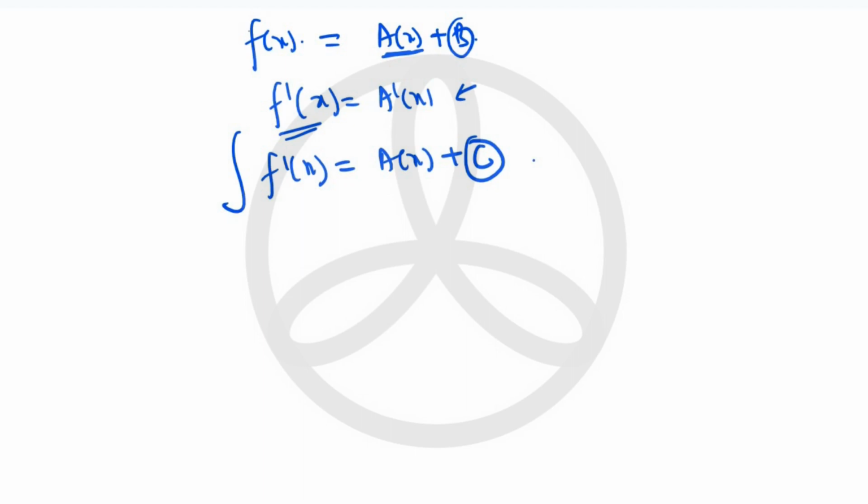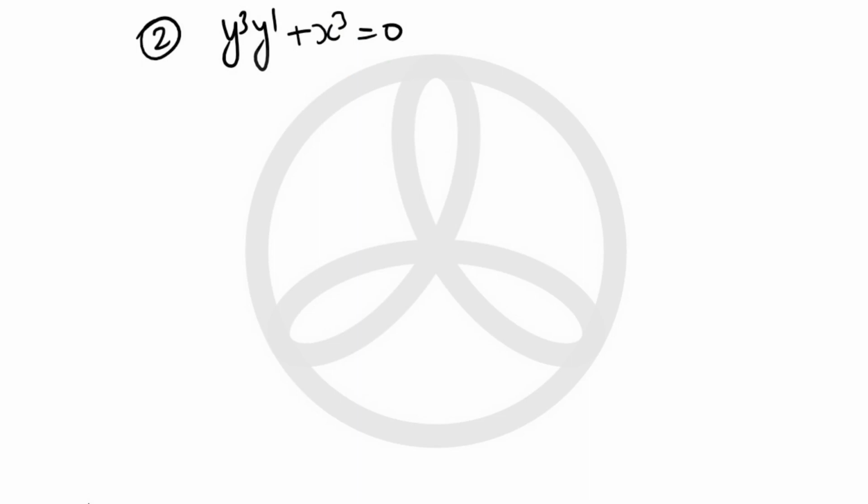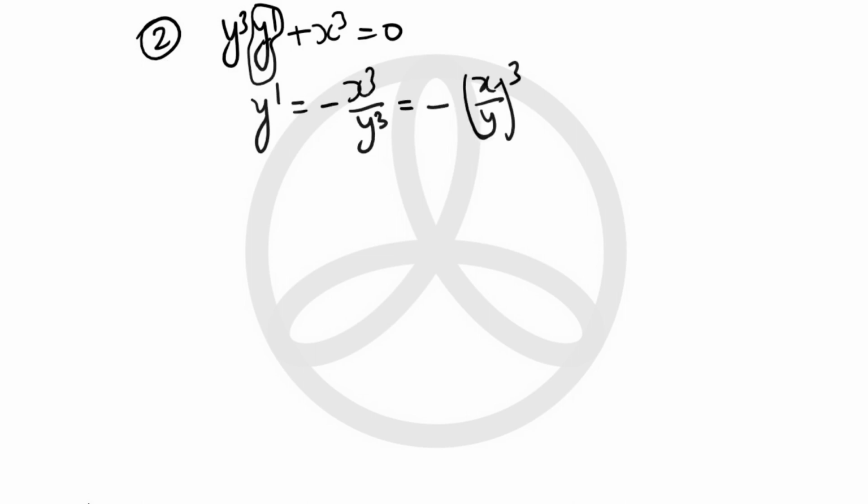So we will start with problem number 2 now. This is the second question. Okay. So let us start this one. This is something we can do by isolating the y prime part. So we can write y prime is equal to minus x over y cube, or minus x cube over y cube.